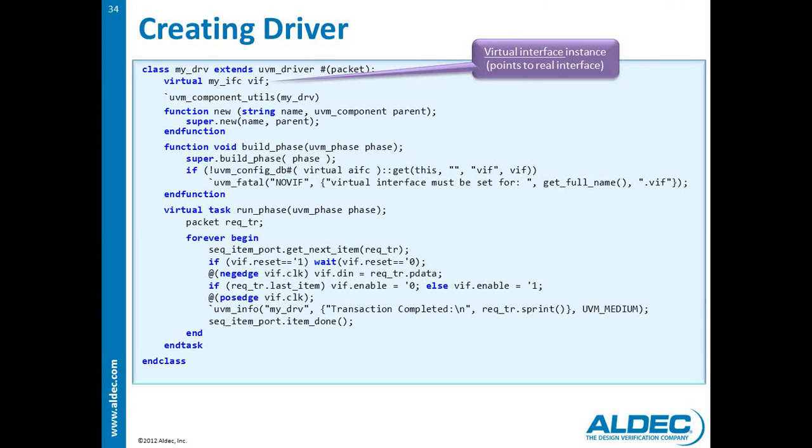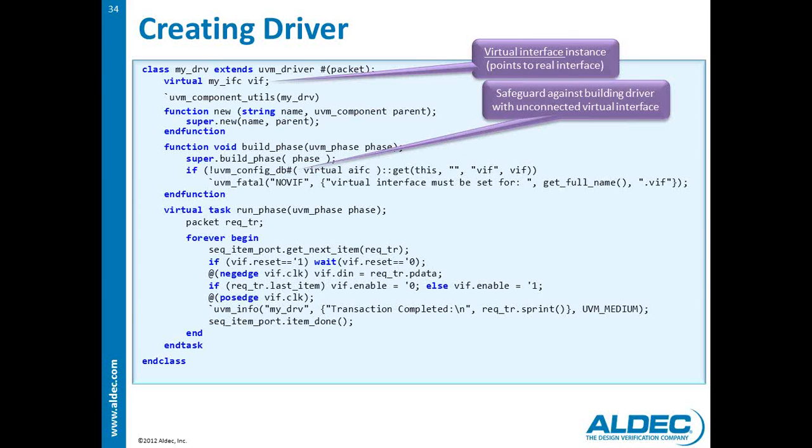As you see at the beginning, we are, of course, extending the UVM driver class to create our own driver. And as we should remember from previous diagrams, the UVM driver, and our driver is, of course, our transactor, has to talk to interfaces. So we need our virtual interfaces here.